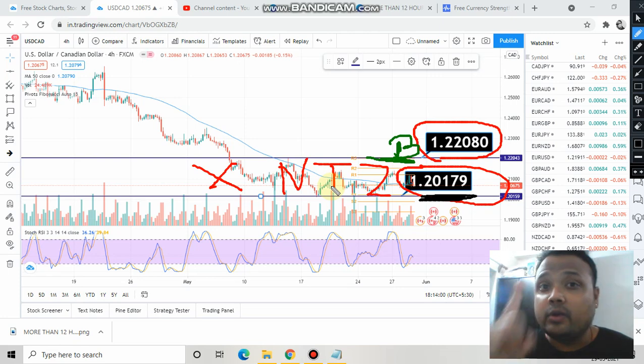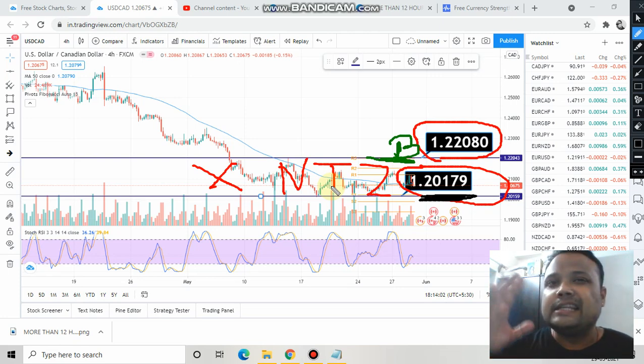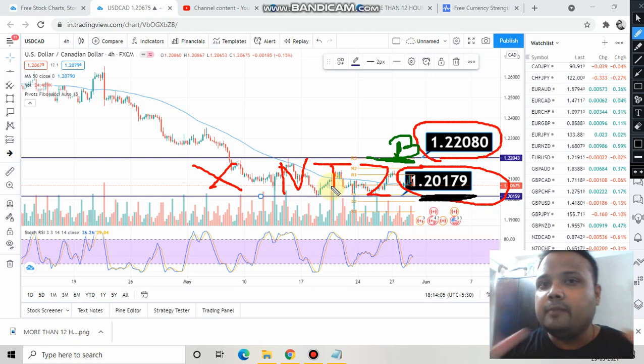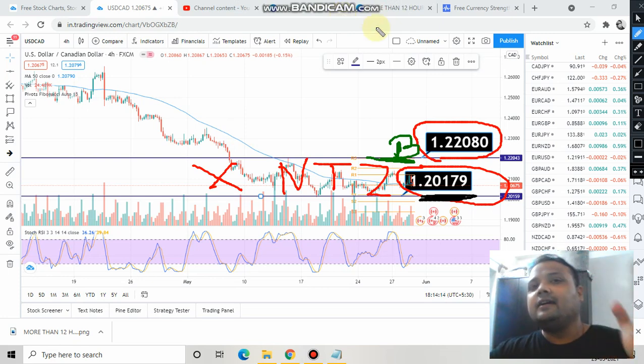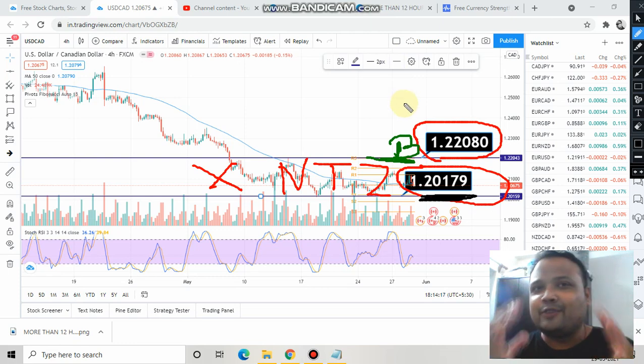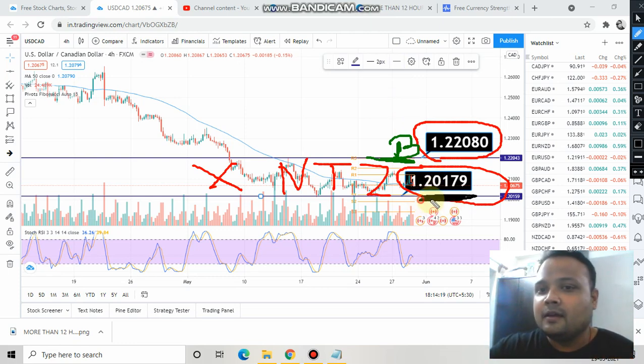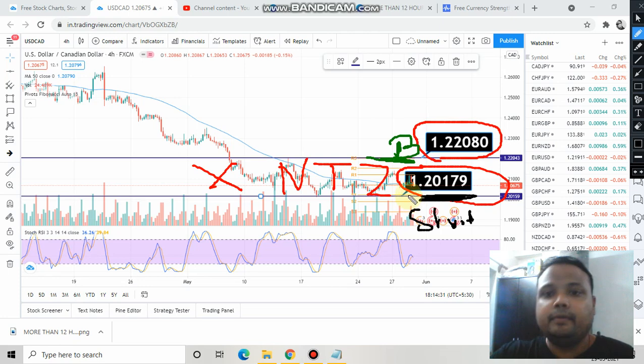But remember, you need to wait for at least 4 to 6 hours, because this level is extremely important, therefore confirmation is also important, and confirmation does not come easily. So wait for 4 to 6 hours, observe the price. If after waiting, market has crossed the level and heavy selling pressure is there, then you can short the market below this 1.2017 level, and your stop loss will be above this level, easy stop loss.